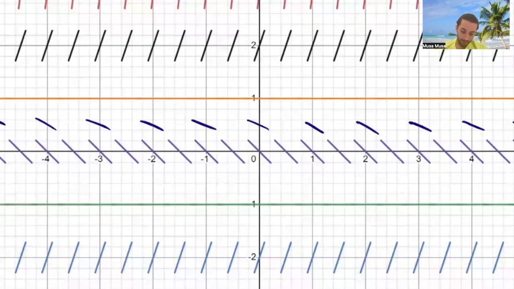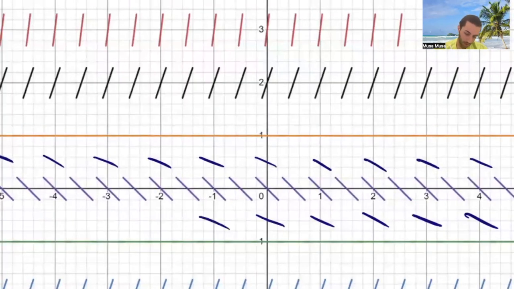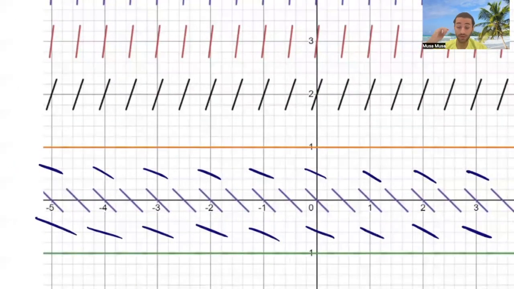And the more lines you chuck in, so maybe if you do y equals 3/4 or something like this, you get a better idea.